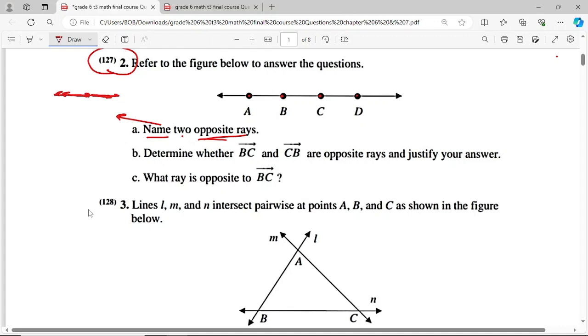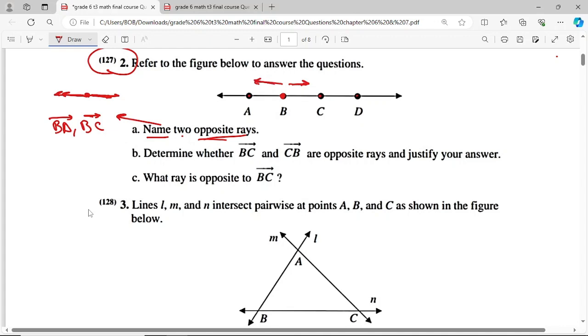For example, here I can see BA is a ray, and the opposite ray for BA is BC. They have the same endpoint, but the rays are in opposite directions.